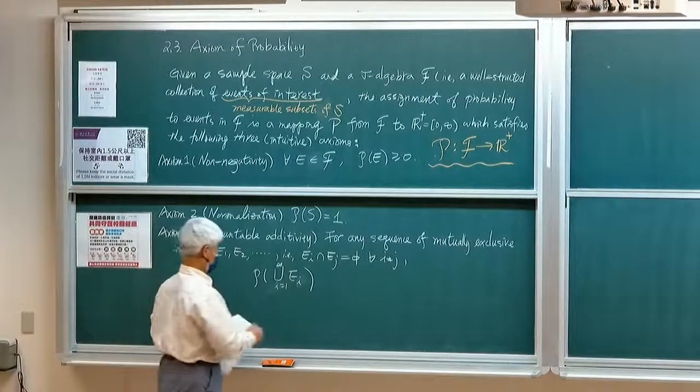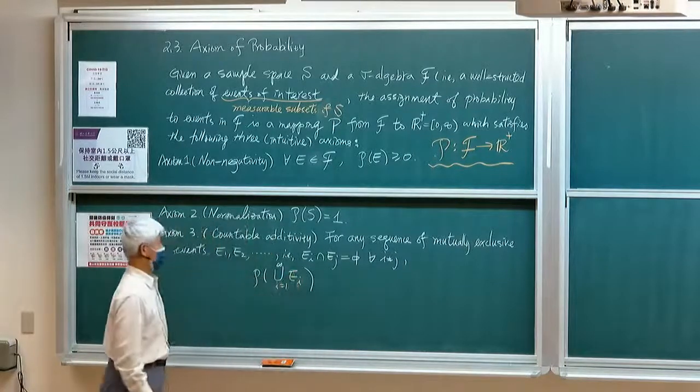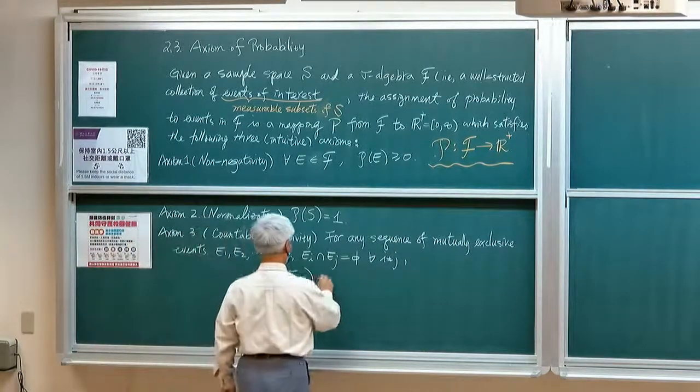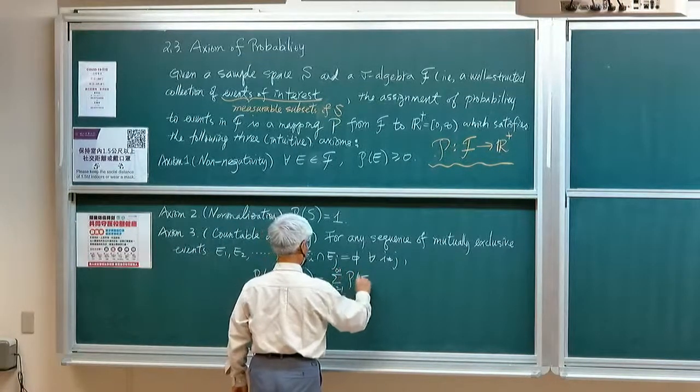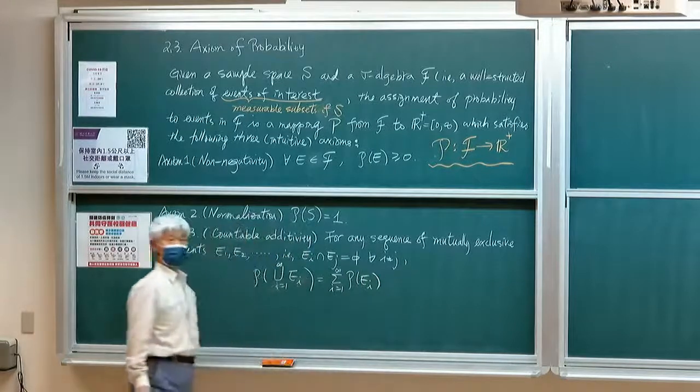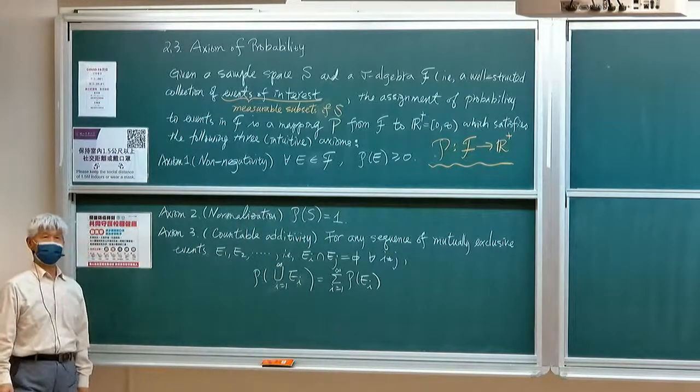Okay, so this probability of the union becomes the sum of the probabilities of the individual events Ei.